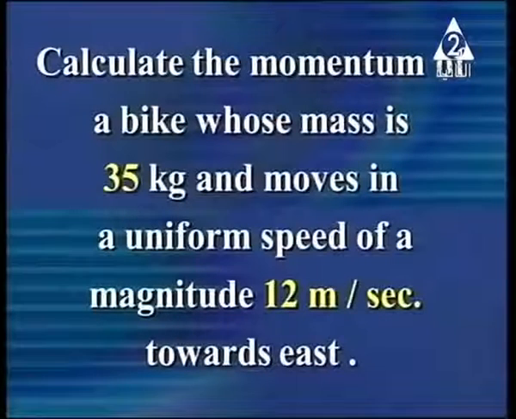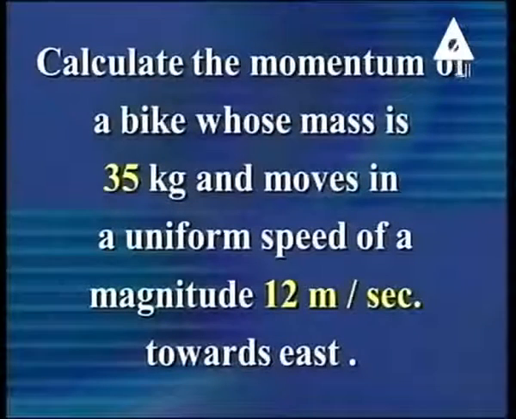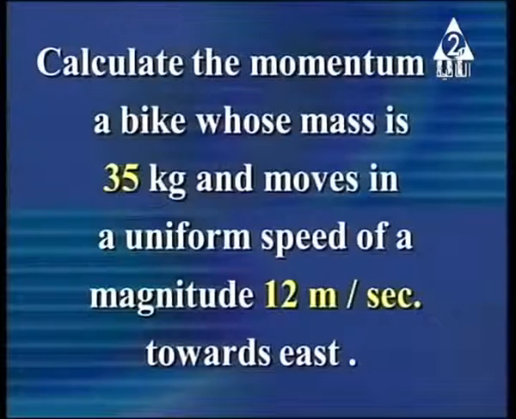What is the meaning of uniform speed? The bike moves equal distance in equal time. Then, to find the momentum of this bike, we multiply the mass times what? Times v, the velocity. What is the uniform velocity? It is 12 meters per second towards the east.